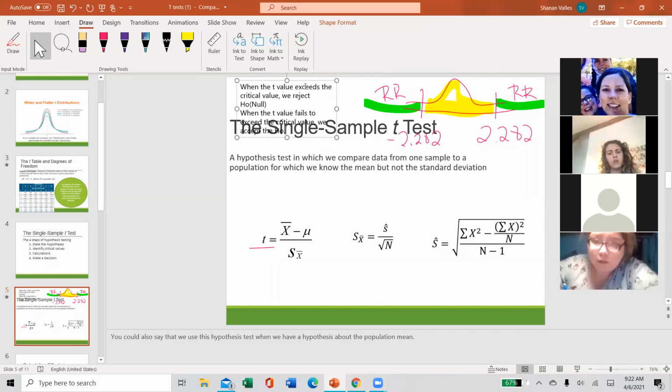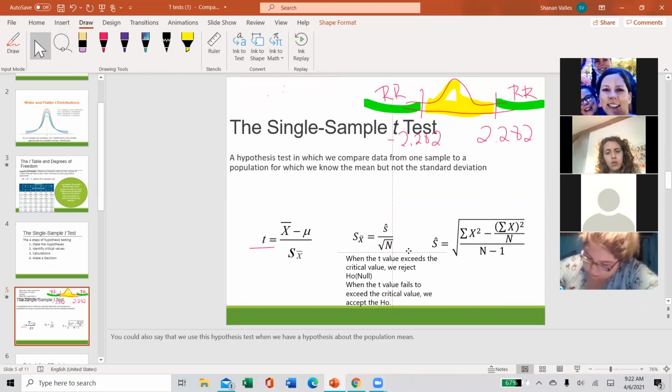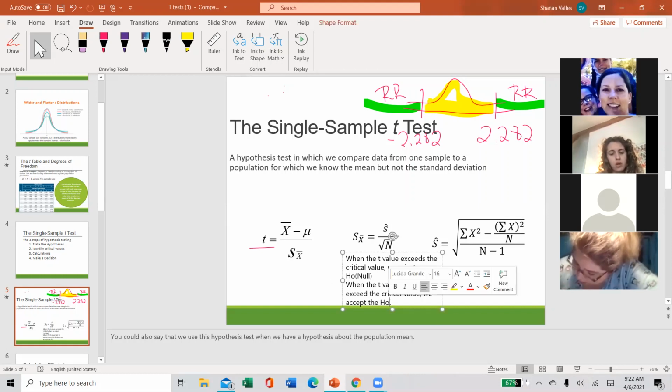So when the t-value fails to exceed the critical value, we accept the H0 or the null hypothesis.